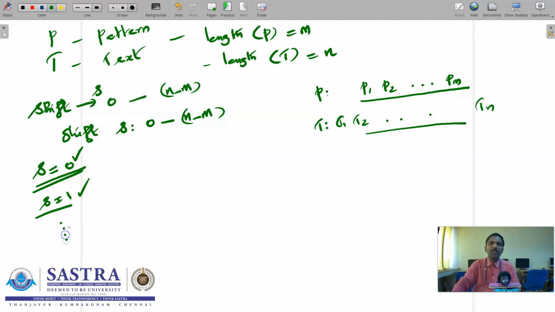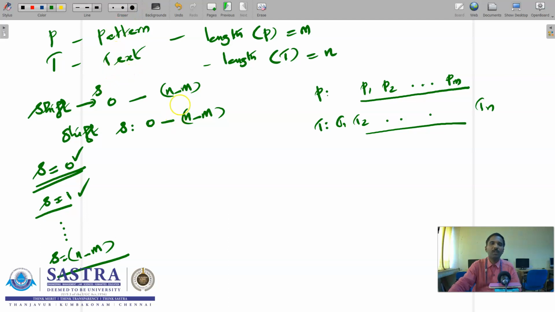Then we perform M character comparisons from the pattern array to the text array. The last value of shift is N minus M. When shift reaches N minus M, we compare the same pattern characters with the text array characters. So in each shift, M characters are compared with the corresponding M characters in the text array.